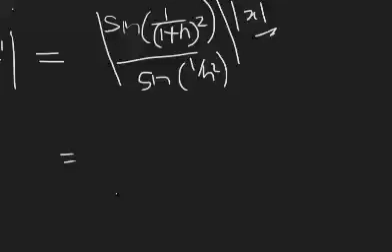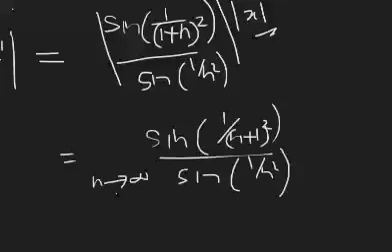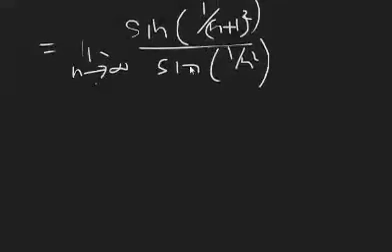So look at this one here, sine of 1 over (n plus 1) squared over sine of 1 over n squared. Let's take the limit of this. As n tends to infinity, the numerator goes to 0, and the denominator also goes to 0.